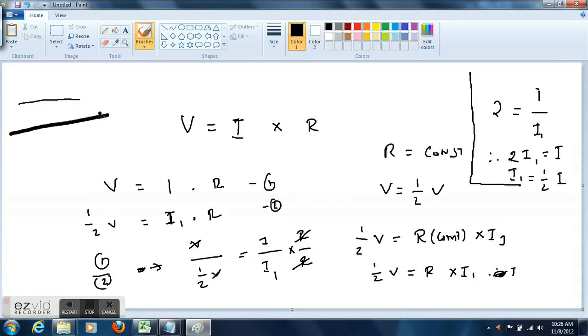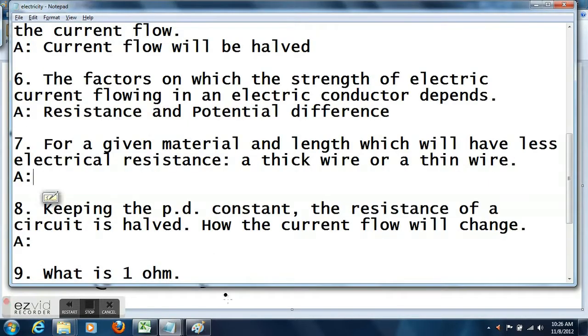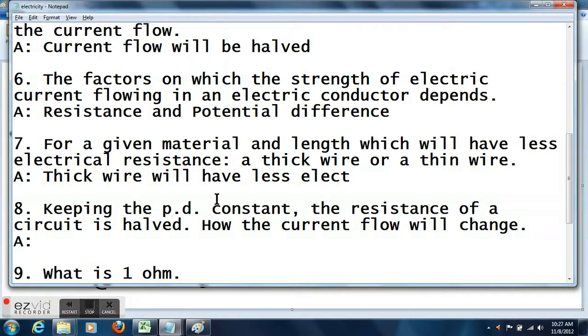A thick wire is a bigger path, like a thin water pipe and a fat water pipe. So definitely the thicker wire will have less resistance, thinner wire will have more resistance. So thick wire will have less resistance because it has a bigger path for electrons to flow. Thick wire will have less electrical resistance.